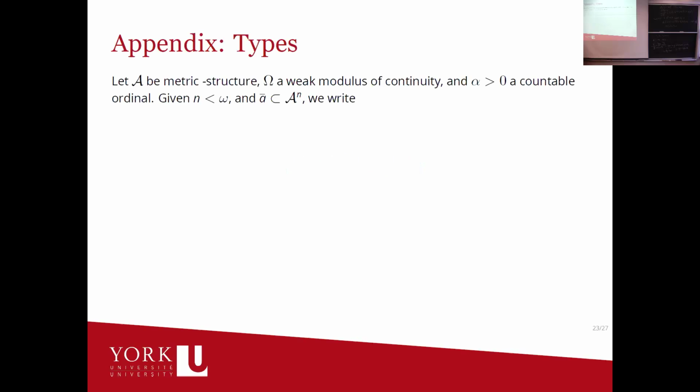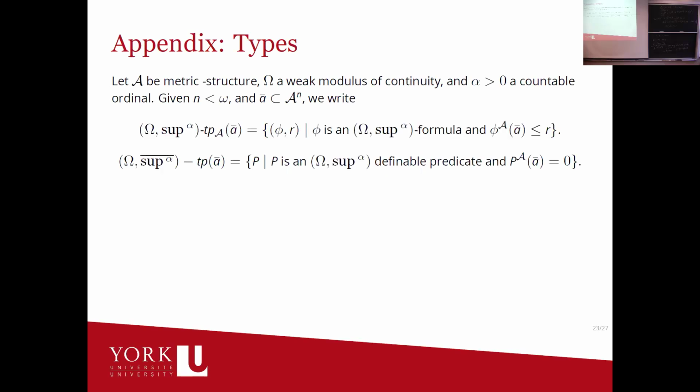Okay, so we want to talk about types. But again, if you remember before, we wanted to talk about Π_α types, Σ_α types. So, Elias put it well: you want to think about not the quantifier-free type, not the existential type, but give yourself any amount of quantifier complexity. And so we can define those types.